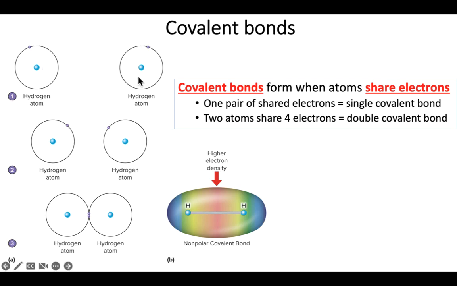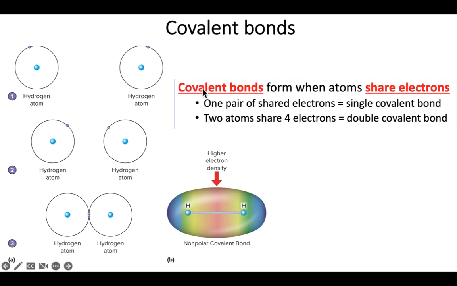It's hydrogen gas. But notice an individual hydrogen atom has an unpaired single electron. So these two like to bond together because now they can share a pair of electrons. And that bond between the two hydrogen atoms is called a covalent bond.